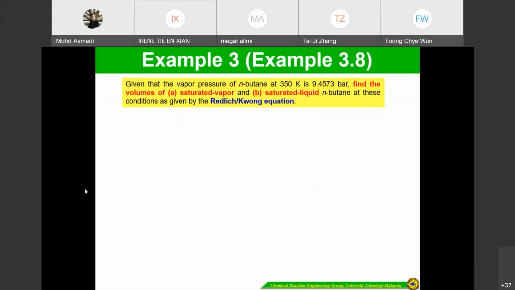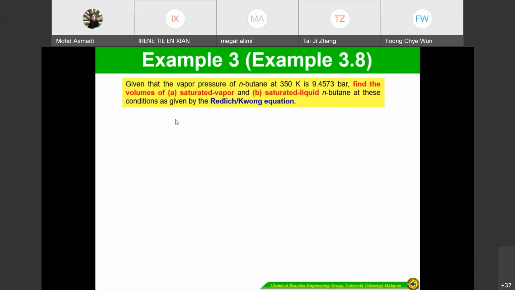Given the vapor pressure of n-butane at 350 Kelvin is 9.4573 bar, find the volume of saturated vapor and saturated liquid of butane at this condition as given by Redlich-Kwong.